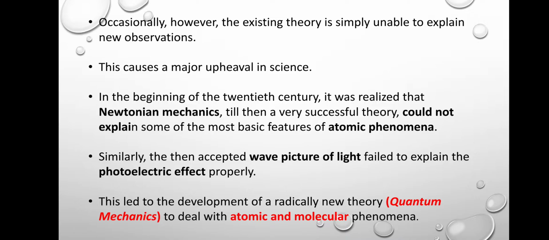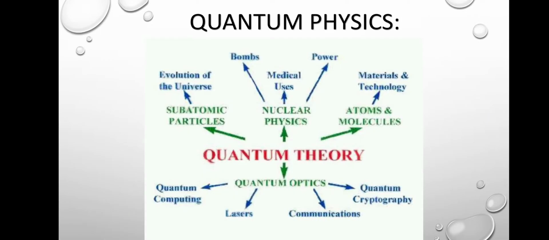Nobody could prove it wrong, only until it could not explain some atomic phenomena. Similarly, the accepted wave picture came, and that also failed to explain the photoelectric effect. This led to the development of a radically new theory called quantum mechanics to deal with atomic and molecular phenomena.